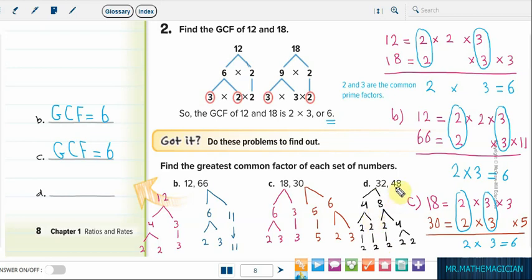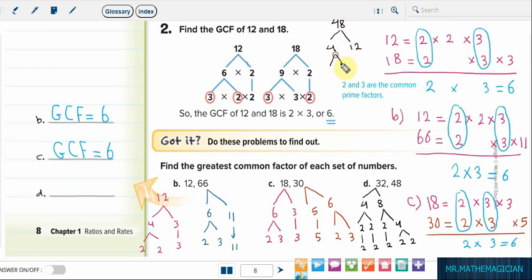Now for the number 48, we can do it here. 48, we can say 4 times 12, for example, or 6 by 8, it's up to you. Let's follow the 4 by 12.